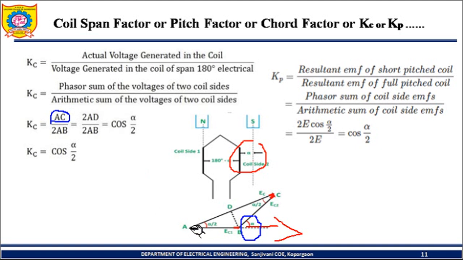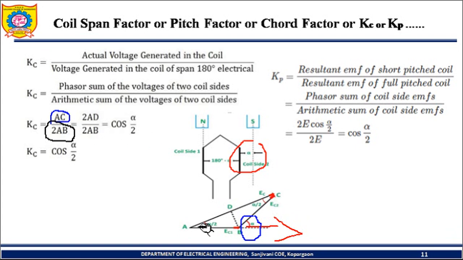And what is the requirement? The addition of coil side 1 and this coil side 1 if it is a full pitch. So AB plus AB means twice AB. But you can check, if AC is there and a center line is put in, then point D will divide this line into two parts.